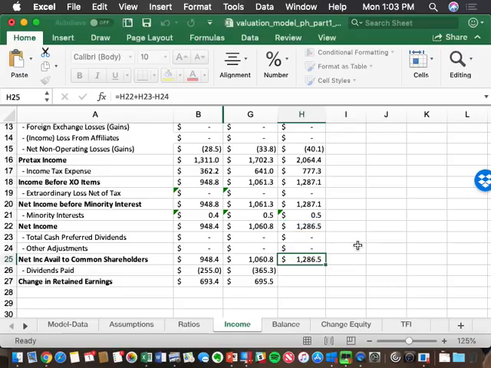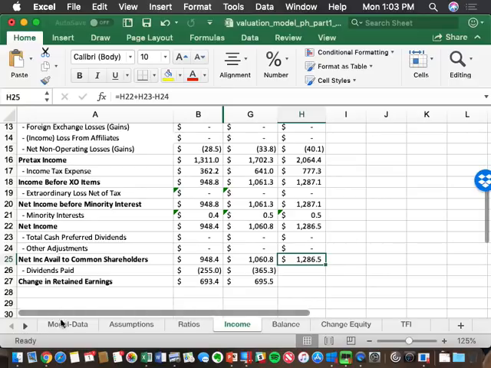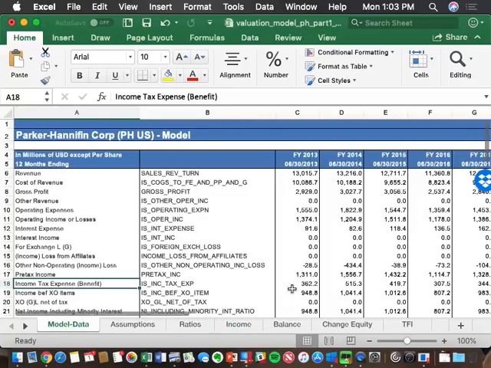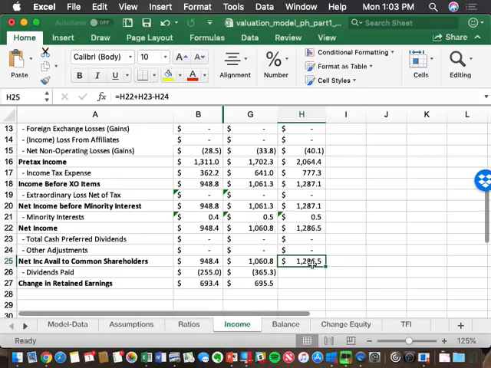For whatever reason, Bloomberg will list cost of goods sold, SG&A, and depreciation as positive numbers. But in this data feed that we get, Bloomberg puts dividends in as a negative number. If we were to subtract a negative number, it would be the equivalent of adding it. The same is true for both preferred and common dividends.